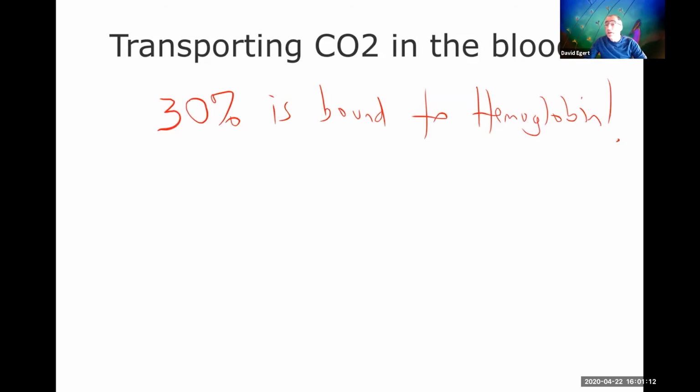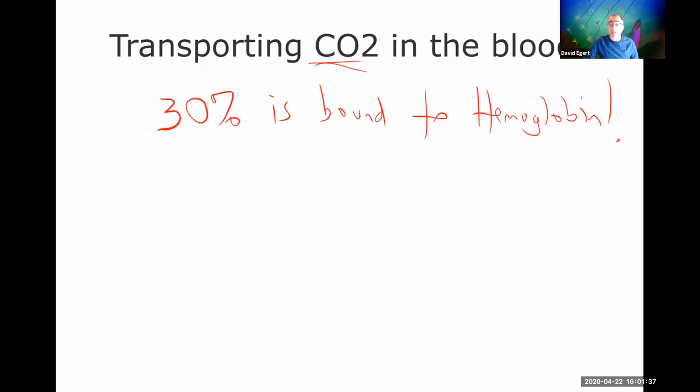Hemoglobin isn't just for oxygen. The carbon dioxide binds a different site. It's on that protein globin subunit. It's not bound onto the heme group like the oxygen, but it's still bound to the hemoglobin molecule. And again, the binding of carbon dioxide to hemoglobin is one of the things that affects hemoglobin's affinity for oxygen.